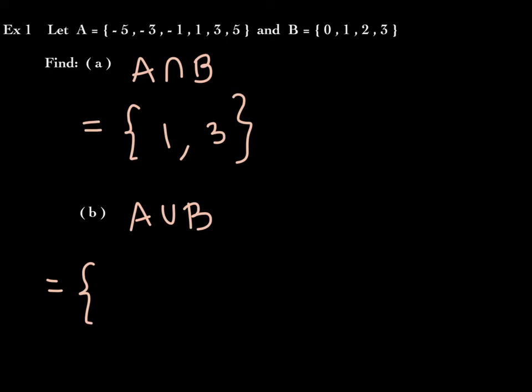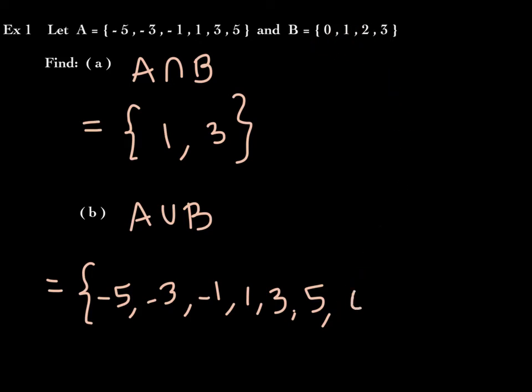So basically, all of these elements that are in A make it into the union. So I'll just copy and paste all of the elements in set A into the union. I'll go over here now to elements in set B, and copy and paste those into the union.